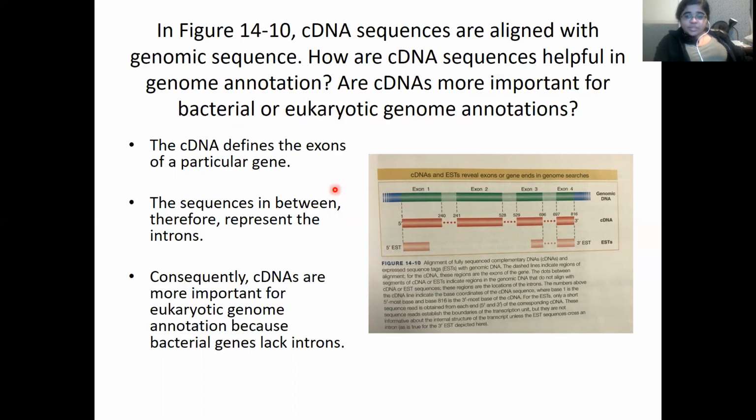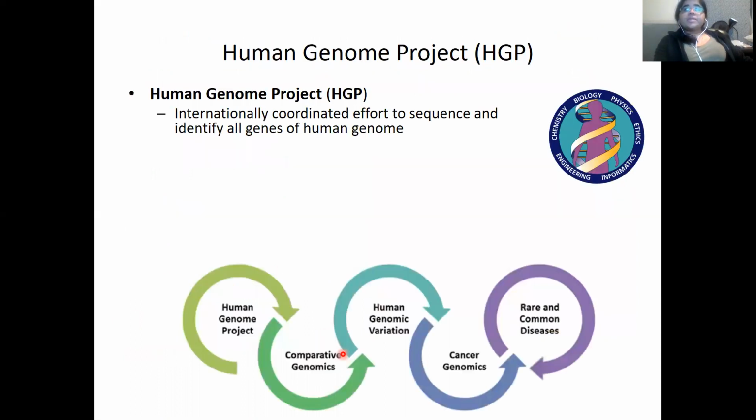This is essentially because cDNA defines the exons of a particular gene, and the sequences in between represent the introns. So as a result, complementary DNAs are more important for eukaryotic genome annotation because bacterial genes lack introns, right?